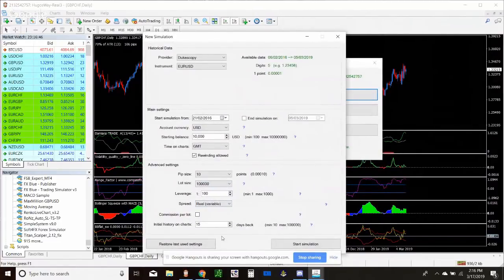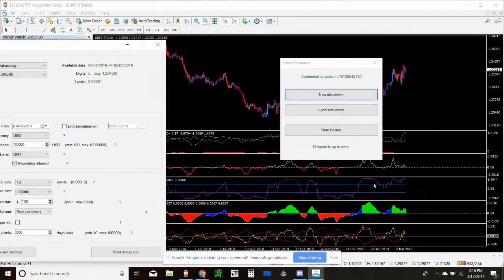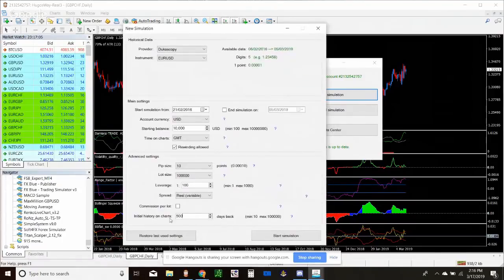Let's see here. I want to change these back. For anyone having issues with indicators not showing inside of Soft4FX, sometimes when you load it, they'll be blank down here in the indicator window. Usually that's because you don't have enough history set up in here.